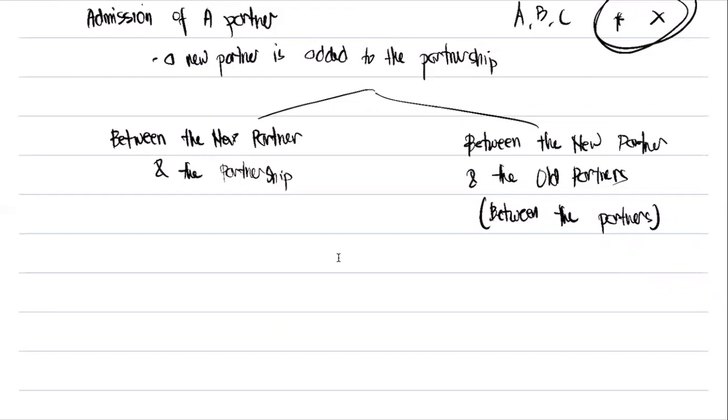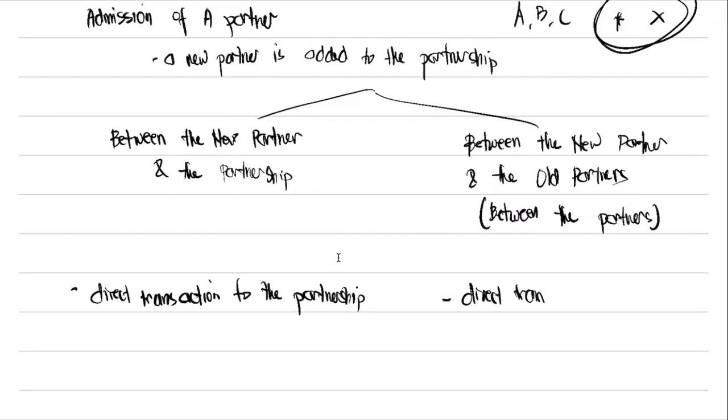If ever that is a transaction between the new partner and the partnership, it is a transaction of X to the partnership. So what is the difference? This one is a direct transaction to the partnership. This is a direct transaction to a partner.